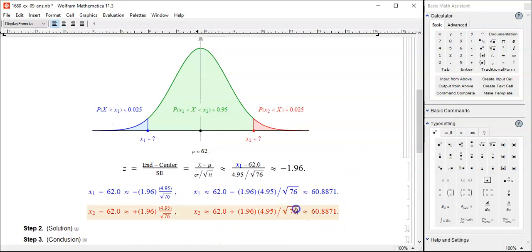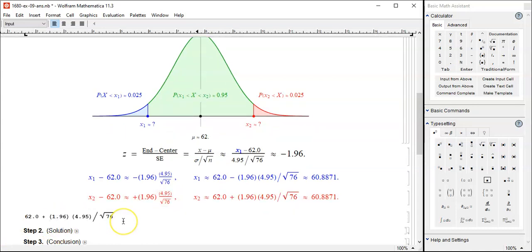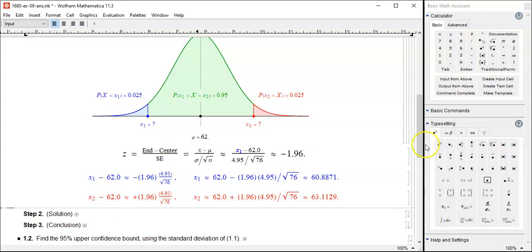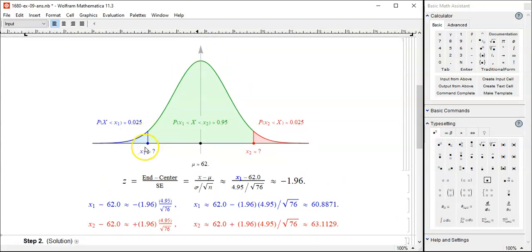And then, of course, this quantity is not going to be 60.8871. Let's calculate this quantity, and it is 63 point something. So what did I get? 60.88 here, 63.11 from there.